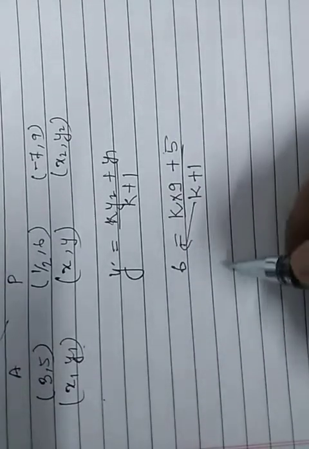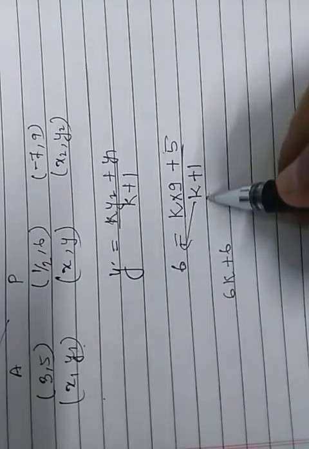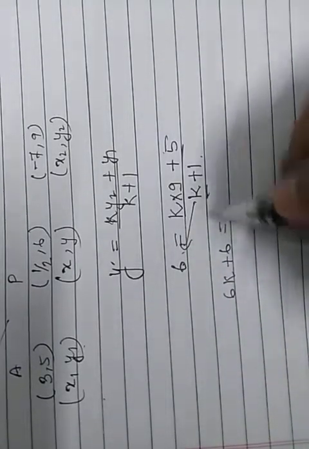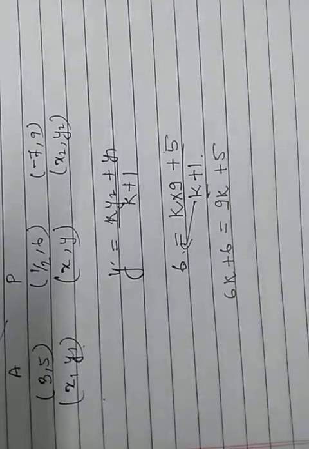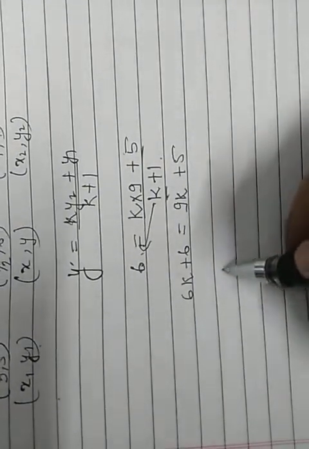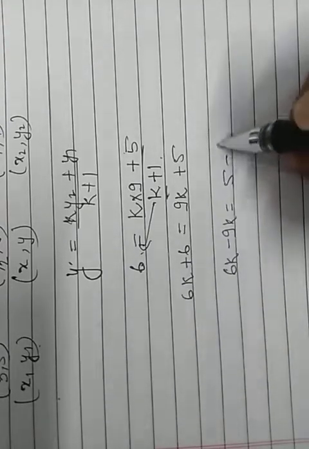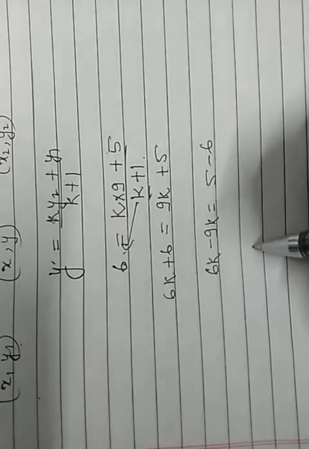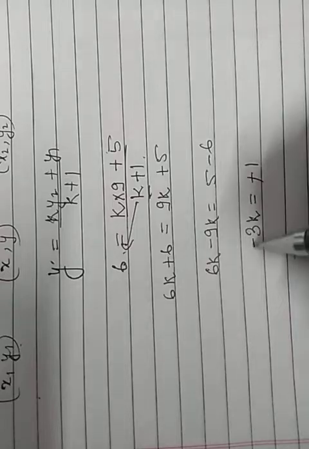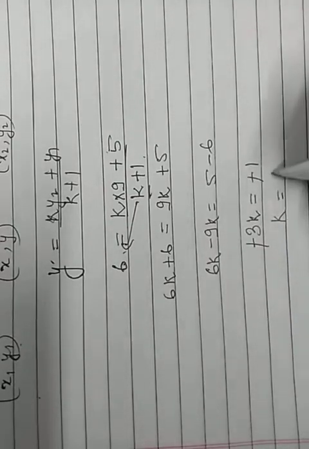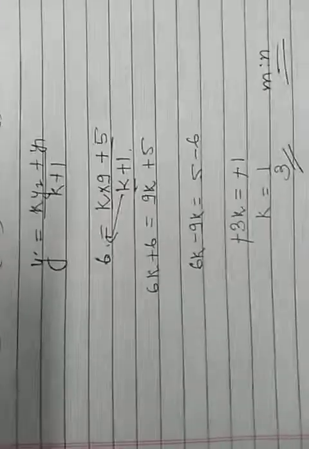By cross multiplication, it becomes 6k plus 6. 6 will multiply with k as well as with 1. This is 9k and 5. So 6k minus 9k, 5 minus 6. So here it becomes minus 3k, and here it is minus 1. Negative will get cancelled, so k is equal to 1 by 3, and this is the ratio m ratio n.